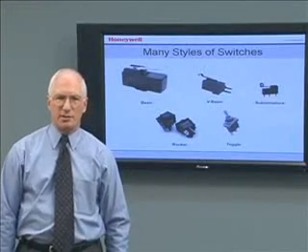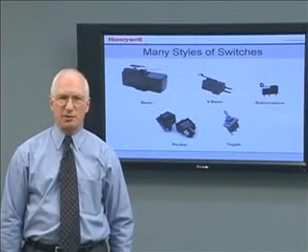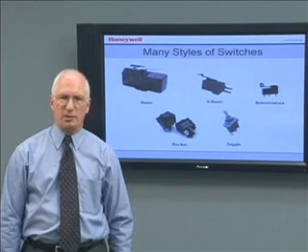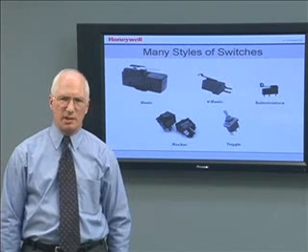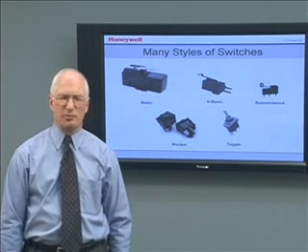To determine the right solution, you'll need to confirm the function the switch will perform. Clearly understanding the difference between switch types, their characteristics, and expected performance is important to your product's success.